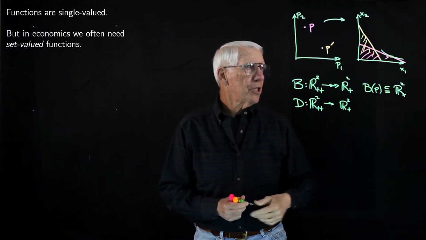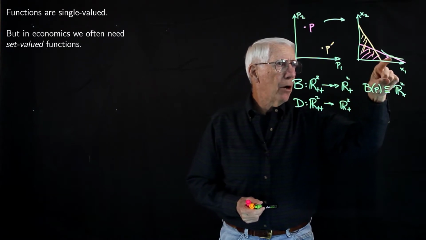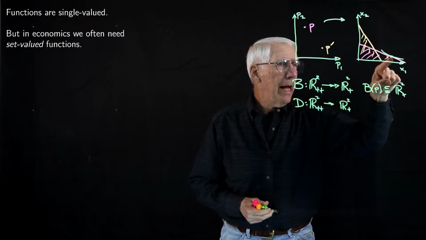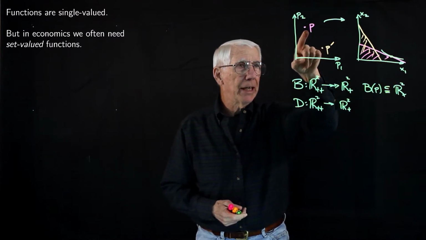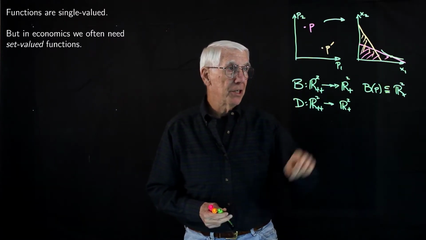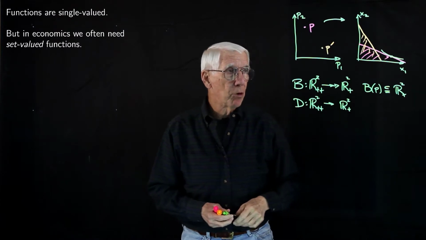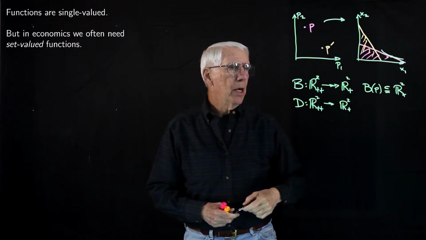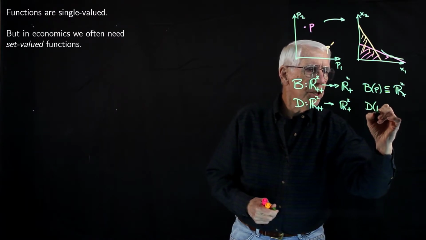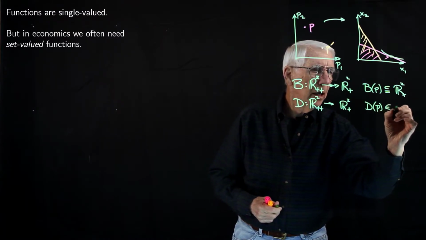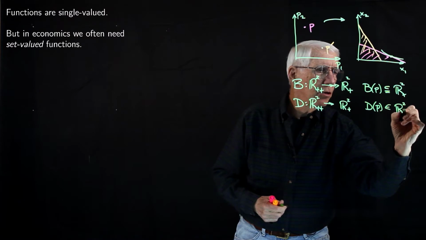And so this consumer would be picking out this point here as the one that maximizes her utility if the budget set comes from the pink price list. And so indeed we would have D of P, an element of R2+.